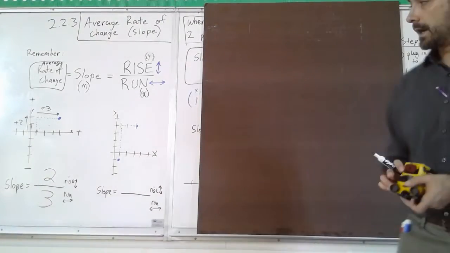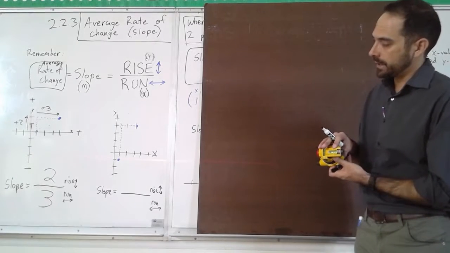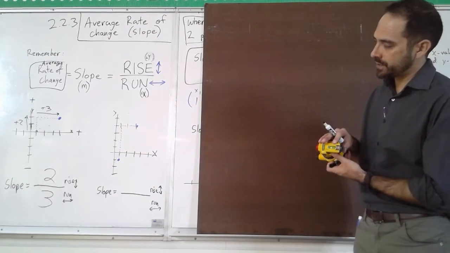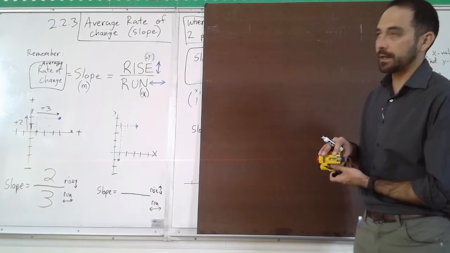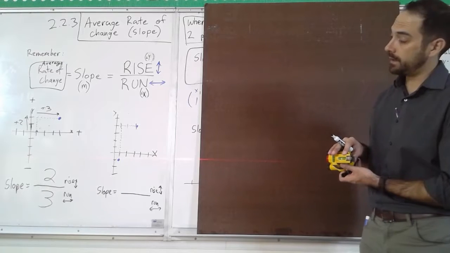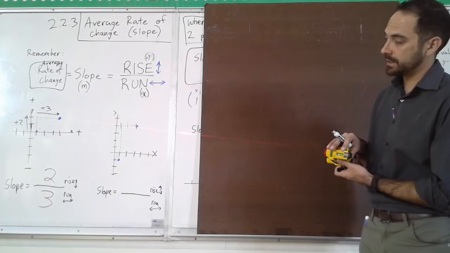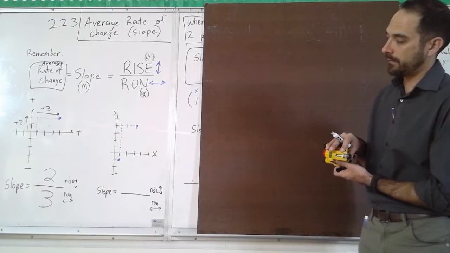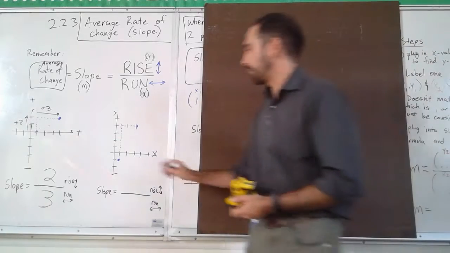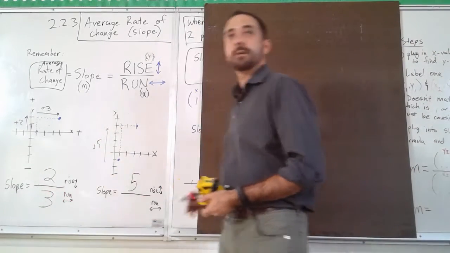Okay, now I look on this side, and I want to see what my rise is. So again, don't make that mistake of counting from the origin up. We're counting from this point up to that point. So if you're thinking of like an elevator, you might be in the basement. You're at -1 here. So how far up do you have to go to get to the other point? Let's see. You go up 1, 2, 3, 4, 5. So we have a rise of positive 5 in that case. So I'll put my 5 at the top. That's my rise.